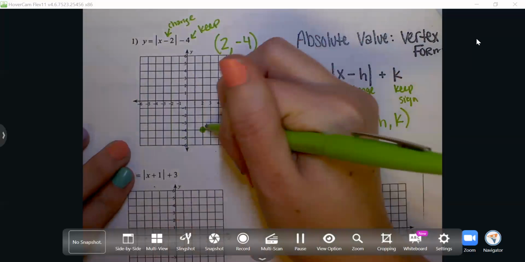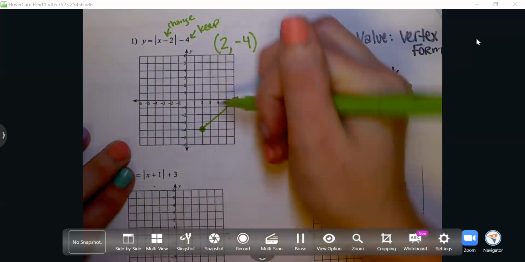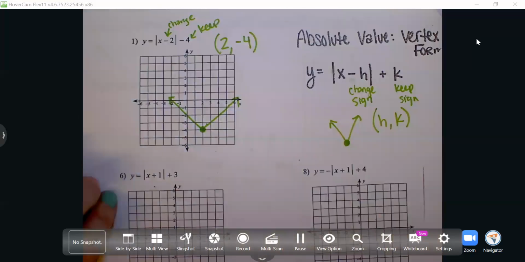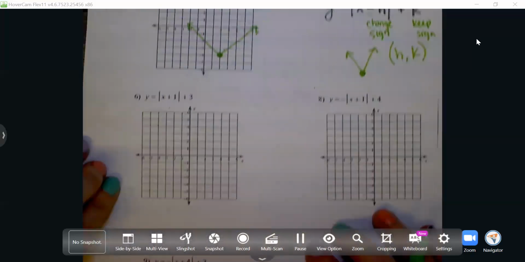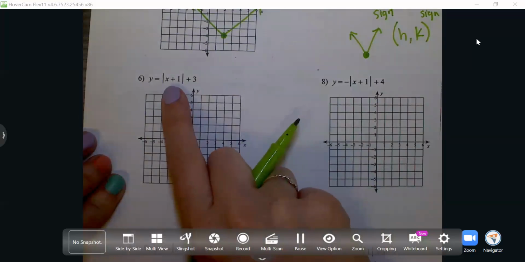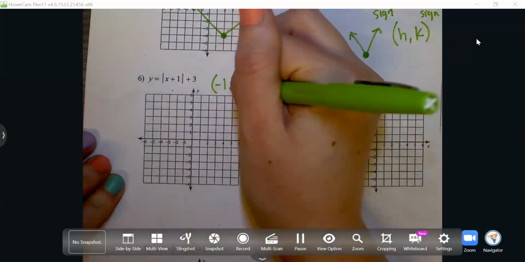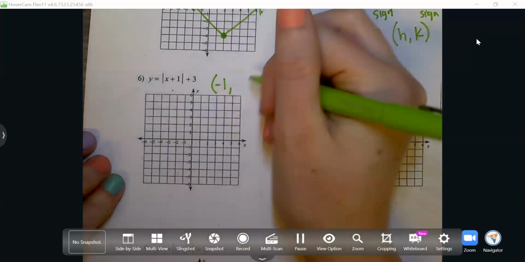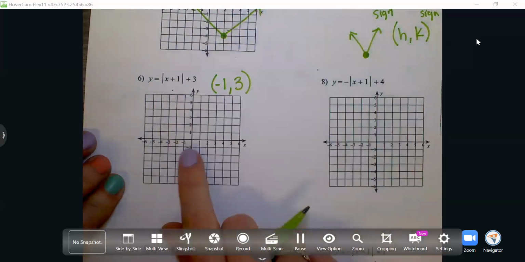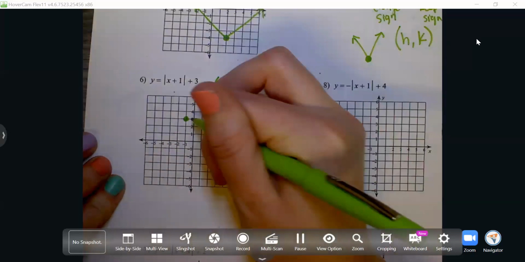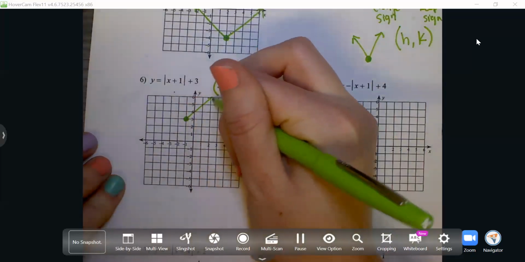We are down here, and we make a perfect V shape for absolute value. Perfect V shape. I'm going to do a couple more. +1, +3. I'm going to change this one to being -1, keep this one to being +3. -1, +3, and then I make that perfect V shape.